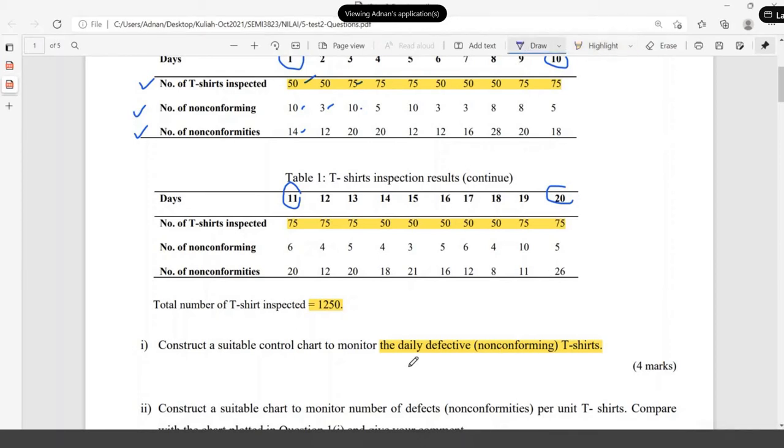U-chart is for non-conformities. The question is asking daily defective, or non-conforming. For a non-conforming chart, we have NP chart or P chart, only 2 choices. Can NP chart be used when n is variable? For P chart, for sure.